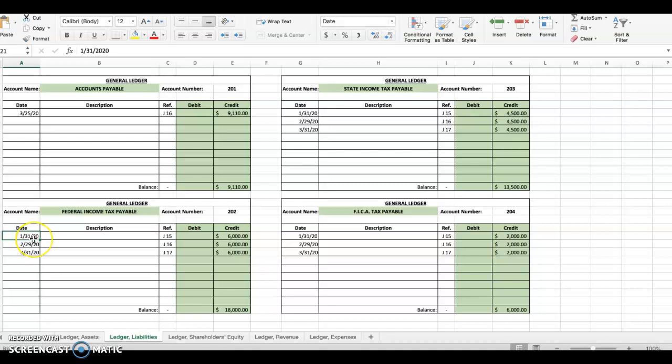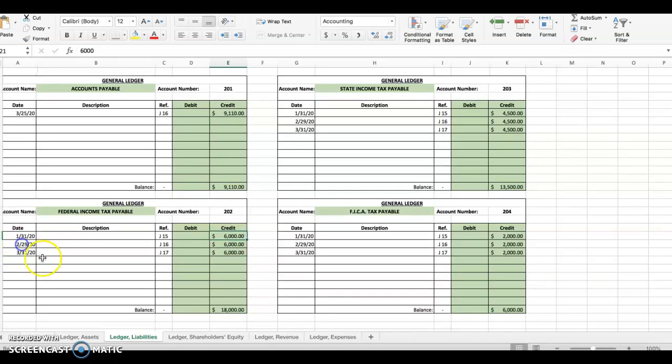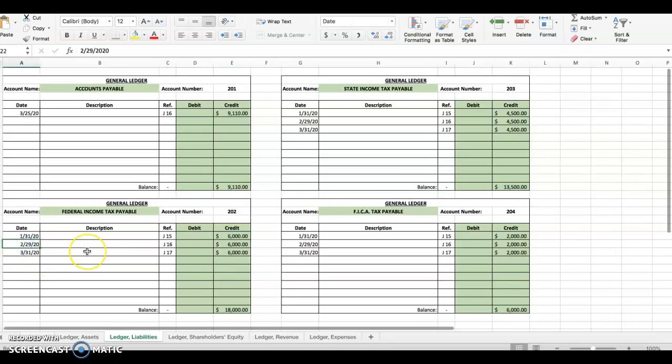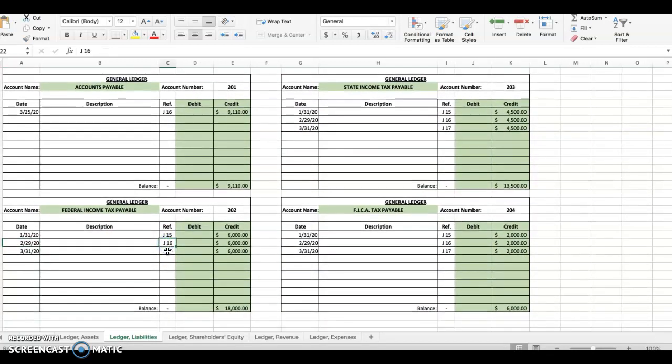So at the end of January, we withheld $6,000. We did a payroll entry and credited federal income tax payable. We didn't pay it, so it's still there. At the end of February, we happen to have a leap year in 2020. At the end of February, then we have another payroll entry. And again, you see the references here.